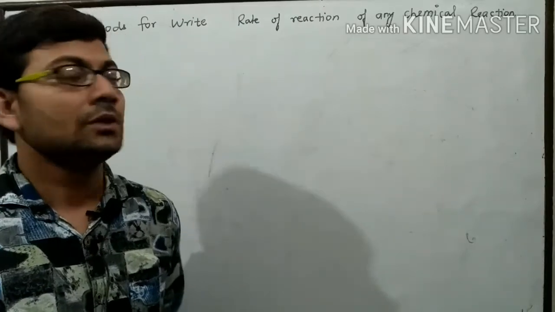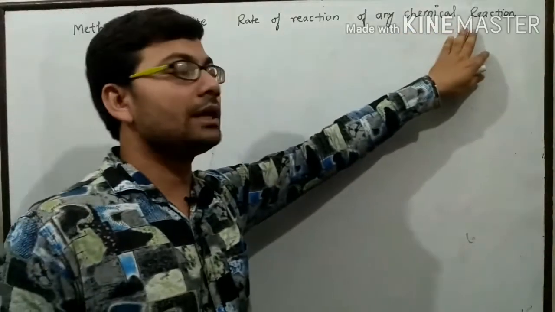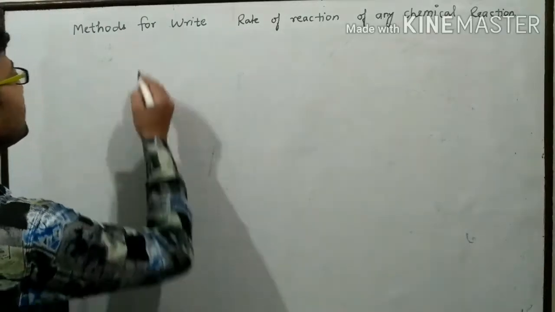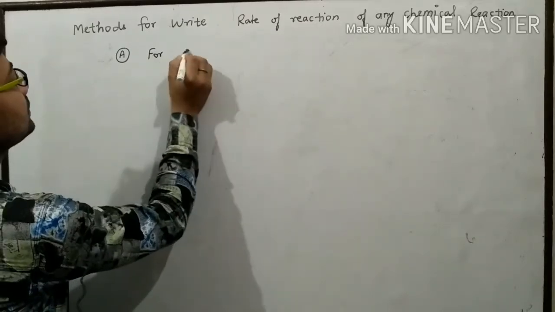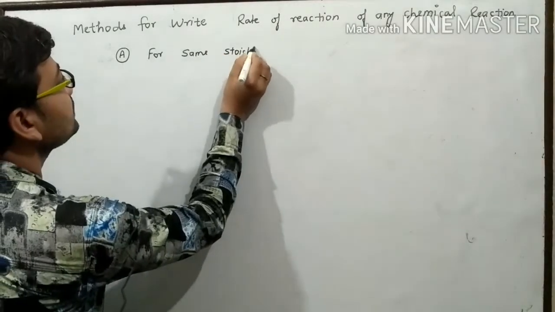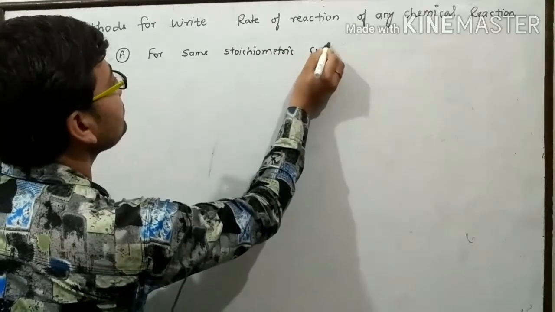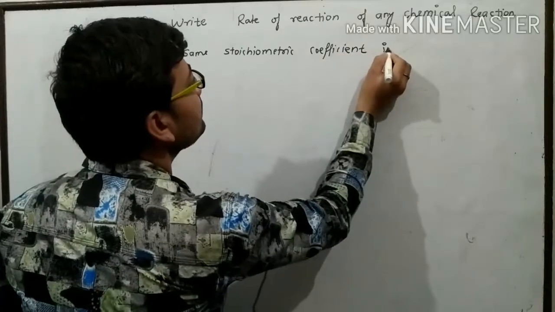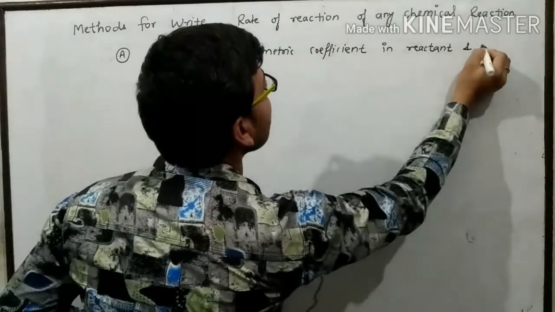Okay. तो यहाँ पर हम रेट ऑफ रिएक्शन लिखेंगे फॉर एनी केमिकल रिएक्शन. टू टाइप्स ऑफ रिएक्शन यहाँ पर देखेंगे. Type A, for same stoichiometric coefficient in reactant and product.